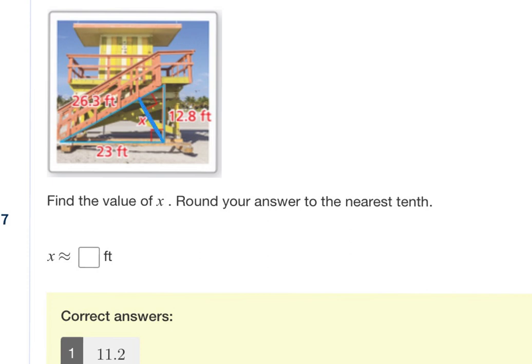This is the same scenario as before, right? You could set up your scale factor if you wanted to, so we can do one that way since the big triangle has all 3 side lengths. The smaller triangle on the right has the hypotenuse. So if I wanted to set up a scale factor, it would be 26.3 to 12.8. That's big side to big side.